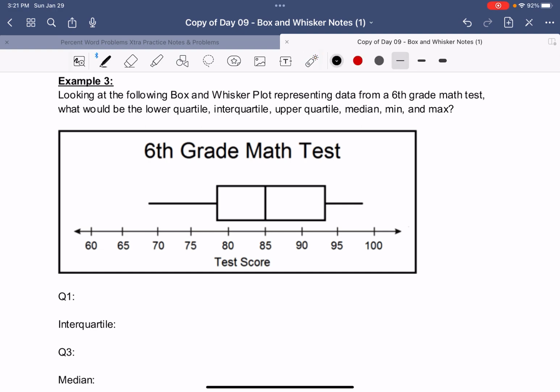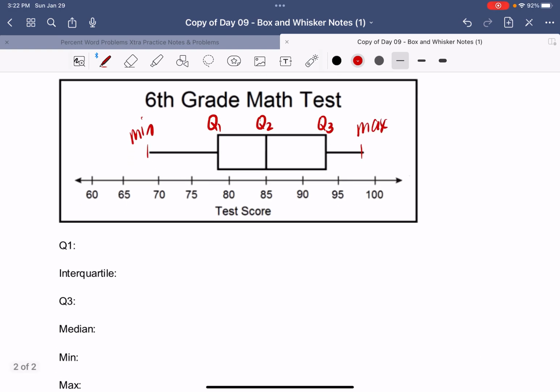Okay, so the first one is Q1. Well, sometimes it's helpful to label this. Q1 is right here, okay? Q2, Q3, here's my min, and here's my max, okay? So when I'm looking at this information, my Q1 is going to probably be about 78%.